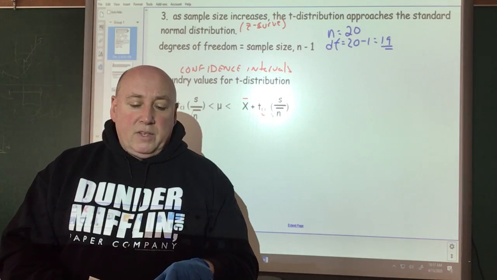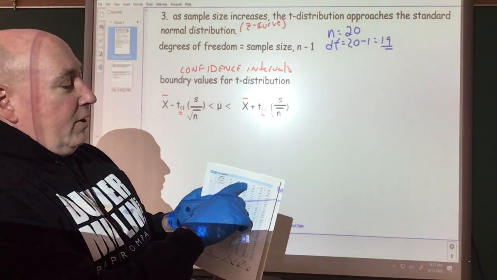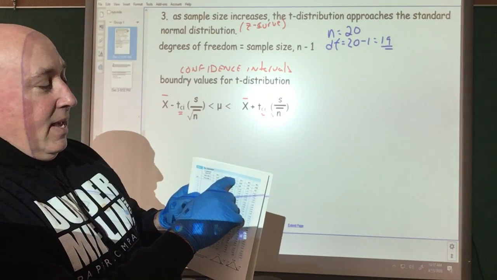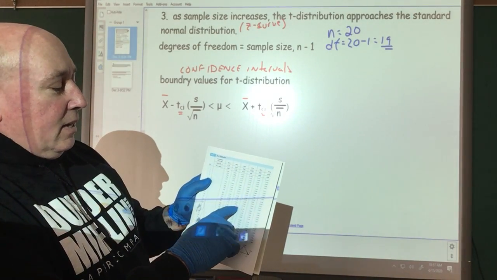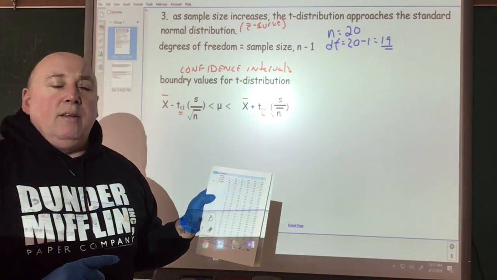So if I have a confidence interval of 90%, I could go to the confidence interval of 90%, and I will go down the column to the t-value that I need.